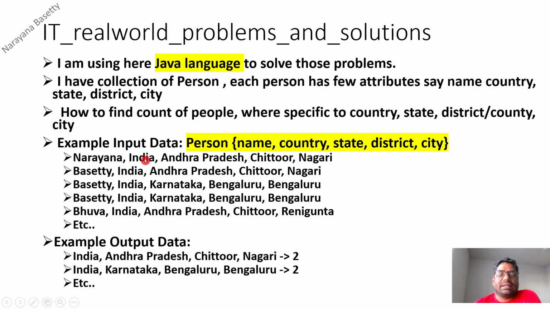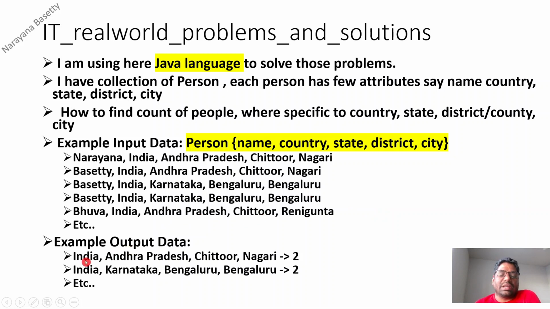I see that country, state, district, and city are the same. How many people are there? Two people are there. Likewise, I have input data for different states, different districts, different cities.